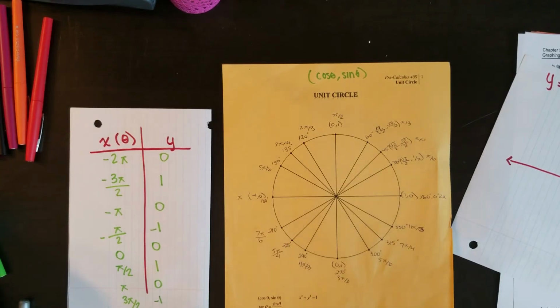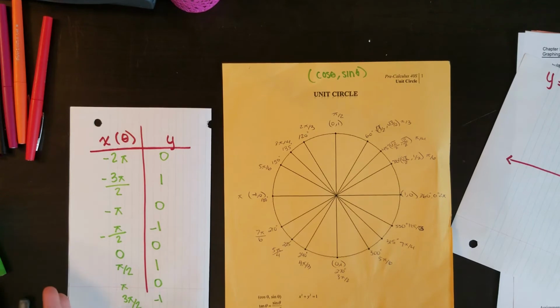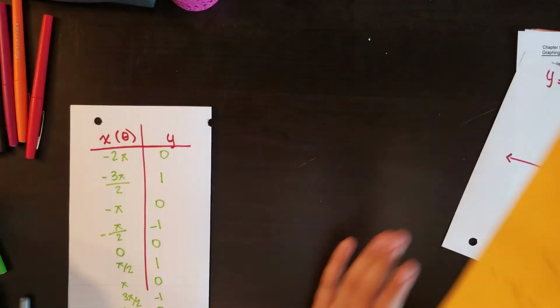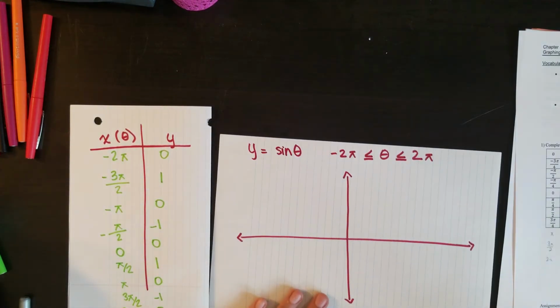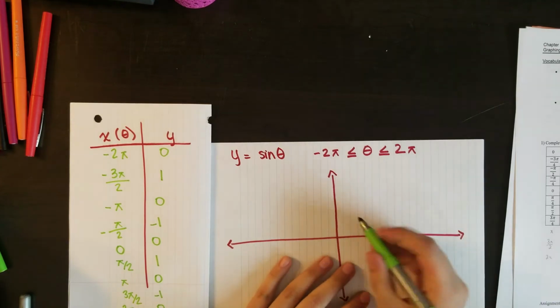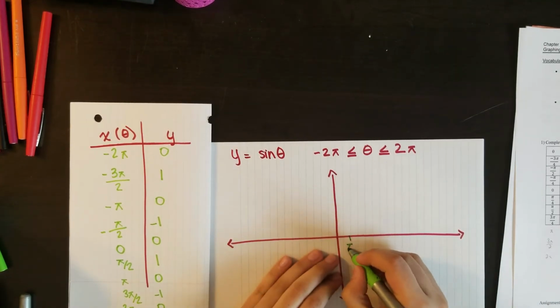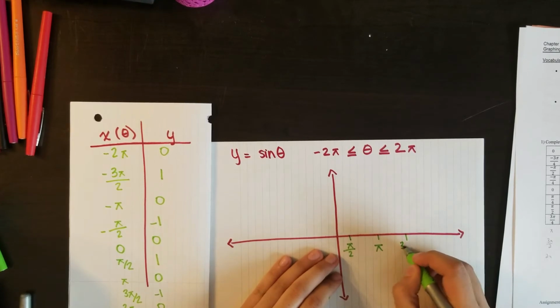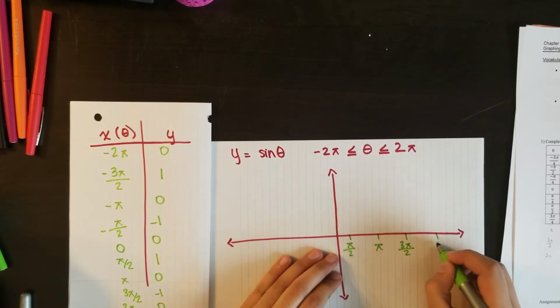So now that I have my table of values, the next thing to do is just plot these points and then connect the dots. So that's what I'm going to do on here. I'm going to create my increments on the x-axis. So I'm going to go pi over 2, pi, 3 pi over 2, and 2 pi.